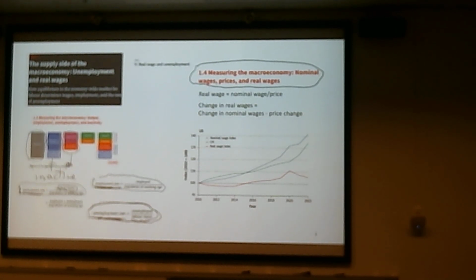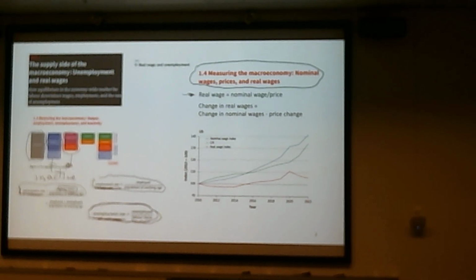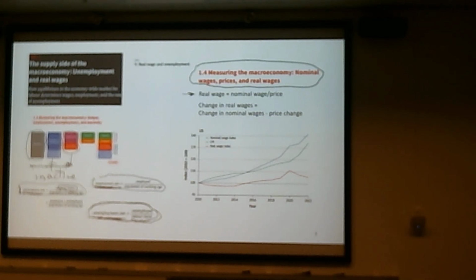What do we find in 1.4? We find the difference between nominal and real wage. When we put it into the model, the HR department supports the nominal wage, and the product market supports the price. But for us, it's the real wage that explains something about the purchasing power.